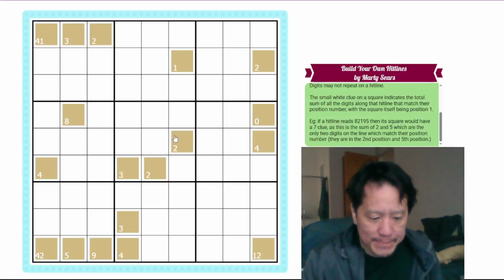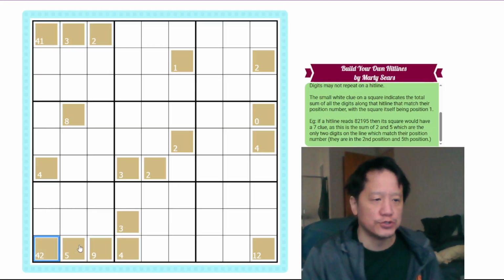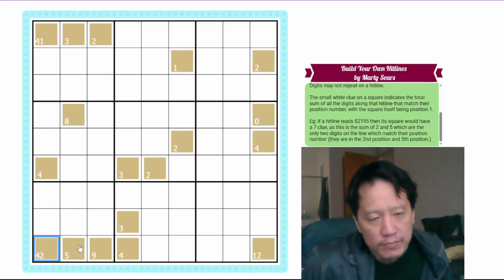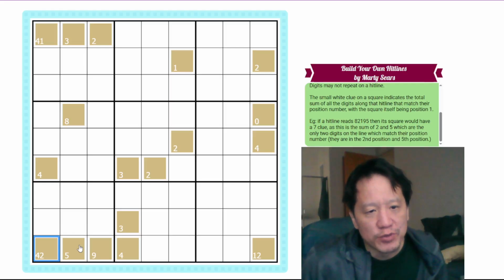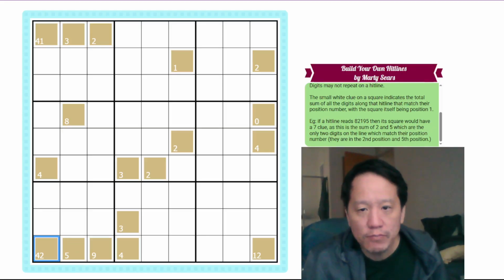Okay. For the 41 and the 42, they have to be... Okay, every hit line is 2 in size, at least. So that means we know... We're going to make the hit lines green.